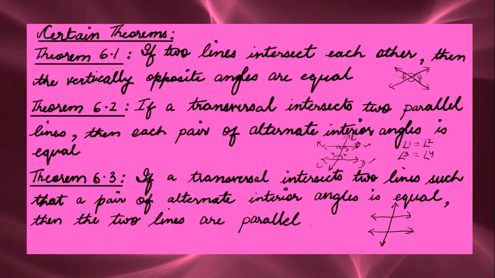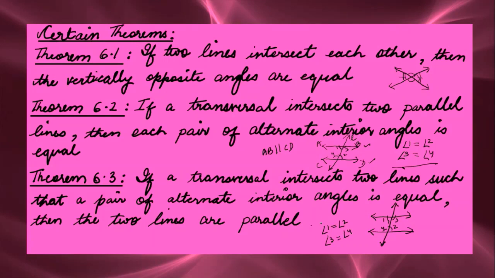Now it is the reverse: the angles are given as equal, that is angle 1 equals angle 2 and angle 3 equals angle 4.